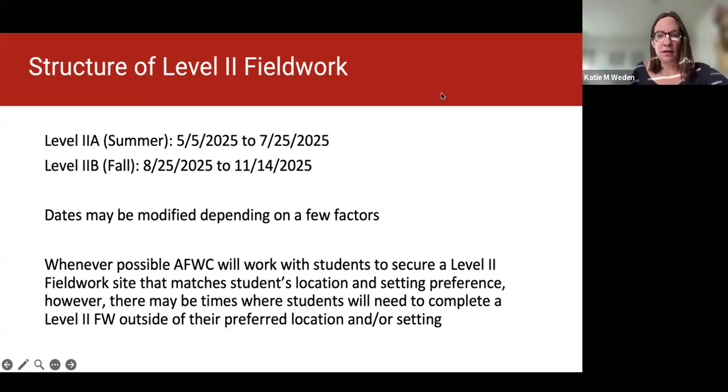This is just a reiteration: we're almost through the full matching process, but we try to match you to your location, setting preference, all the things, but sometimes we have to prioritize one or the other.